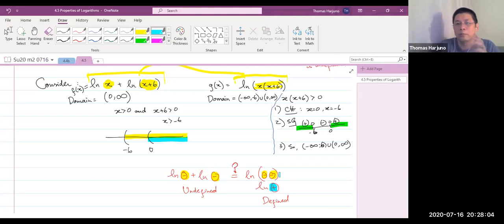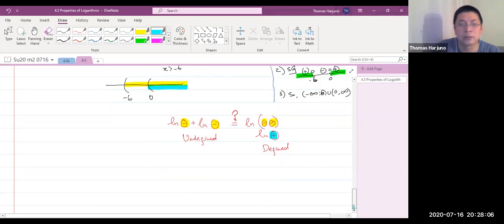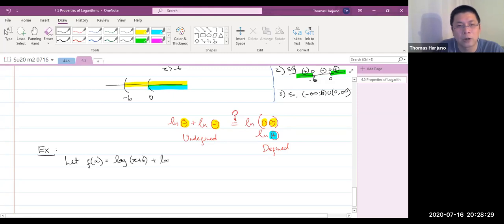So maybe I say this, to contrast that using a more concrete example, let fx equals to log of x minus 6 plus log x minus 4.